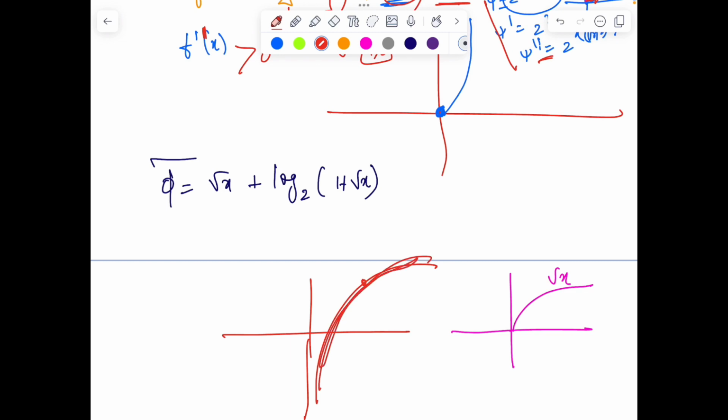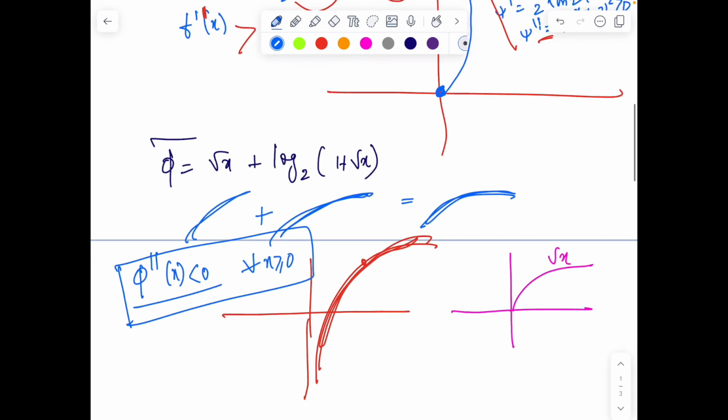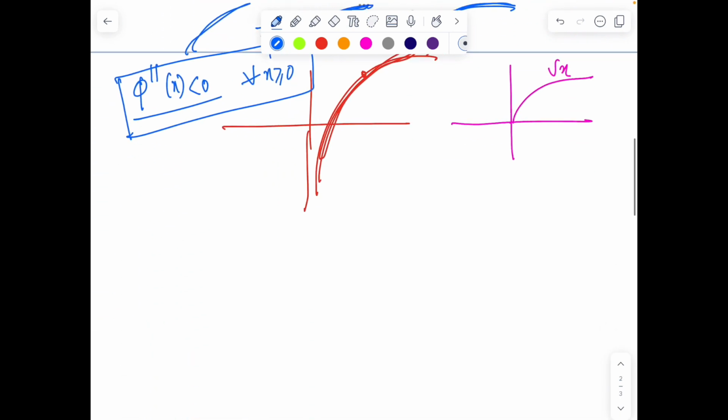So even for all positive input, its nature is like this. This guy is behaving in a concave down manner, and this is also concave down, so their addition is definitely concave down, which you can find by taking the double derivative, and that will be less than 0 for all x greater than or equal to 0. This can be done either with the second derivative or very fast with the philosophy of smaller chunks, because both of them are supporting each other.